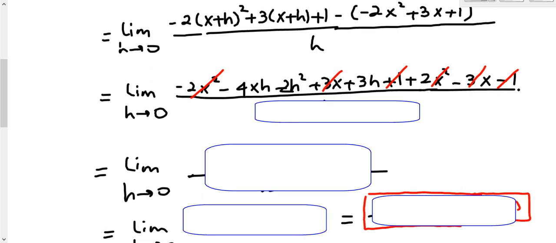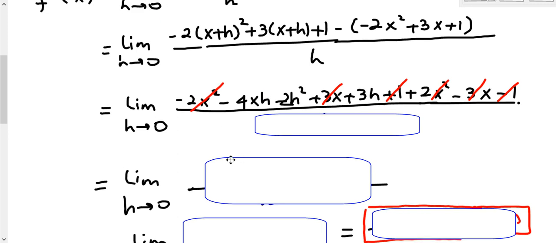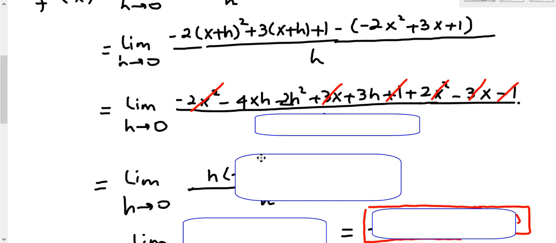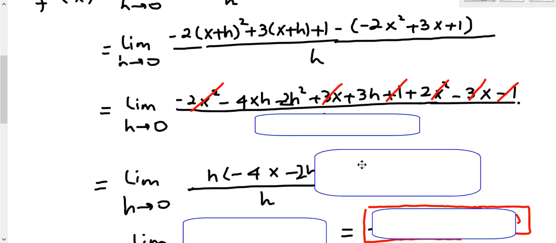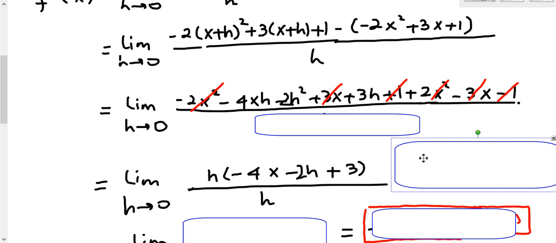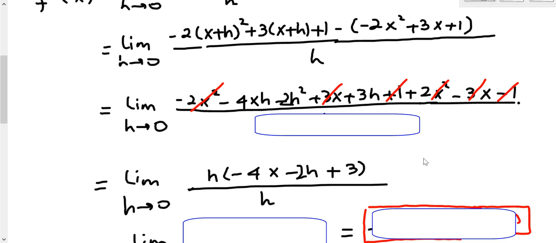And then as I'm rewriting the numerator, typically as I do, I'm going to factor out an h from each and every term. And that will leave me with h times quantity negative 4x minus 2h plus 3. Close the parenthesis, all over h. Now the h from the top can also be canceled with the h from the bottom.